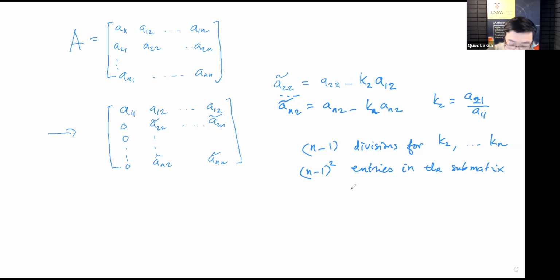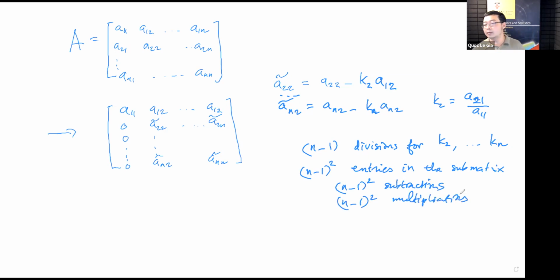So you need n minus 1 squared subtractions and n minus 1 squared multiplications. I'm just counting the flops here. Division is 1 flop, multiplication 1 flop, addition 1 flop, subtraction 1 flop.